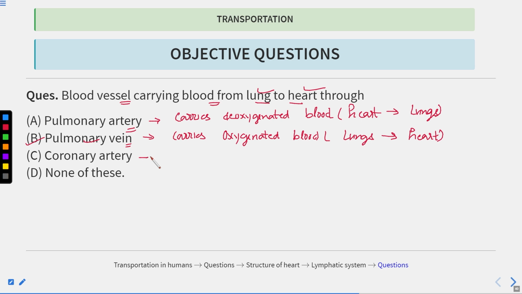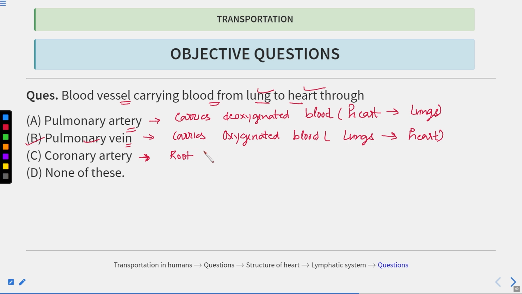Now the coronary artery also carries oxygenated blood. There are two kinds of coronary artery, the right coronary artery and the left main coronary artery. They arise from the root of the aorta.